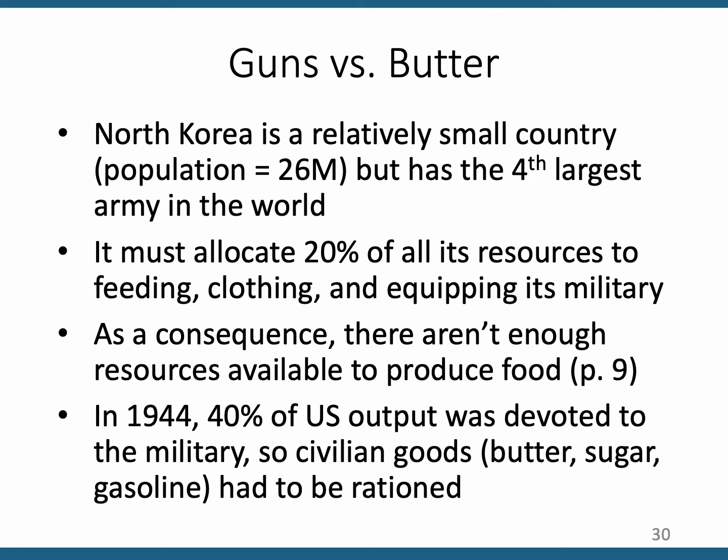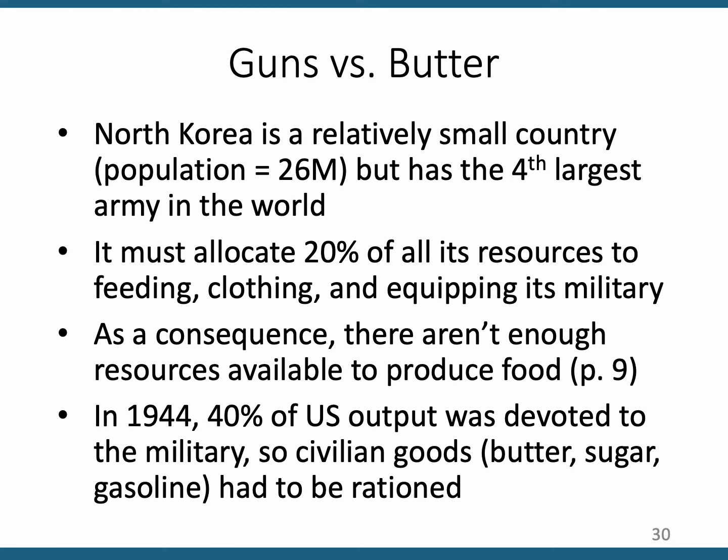And again, that is an extreme example. We've never been close to that percentage since then. But even today, look at North Korea, a relatively small population, 26 million. Remember, we have 340 million, so they're less than 1/10 our size. They have the fourth largest army.